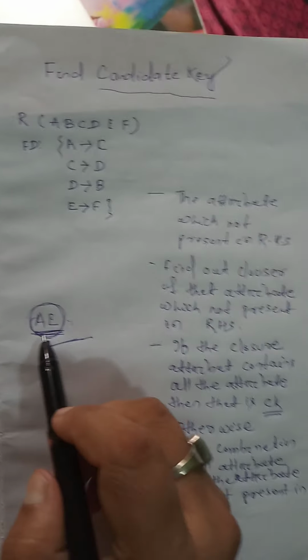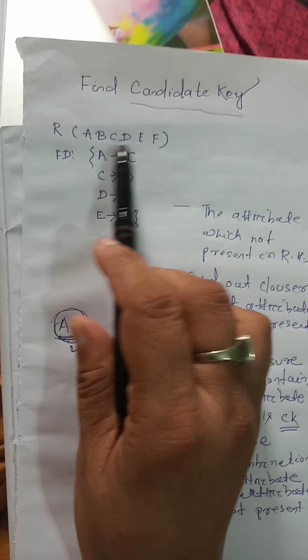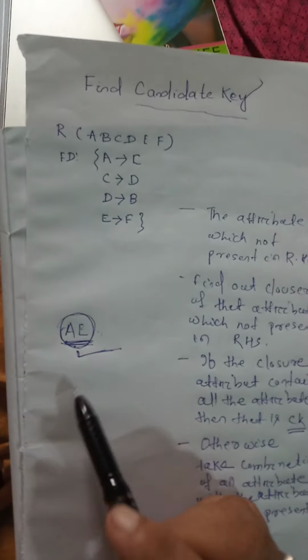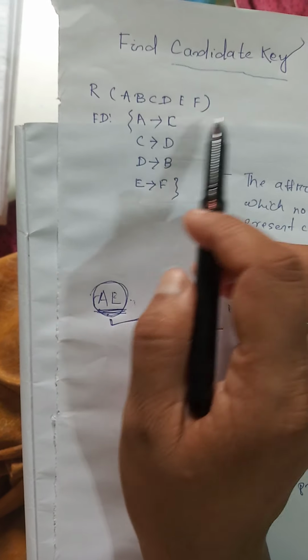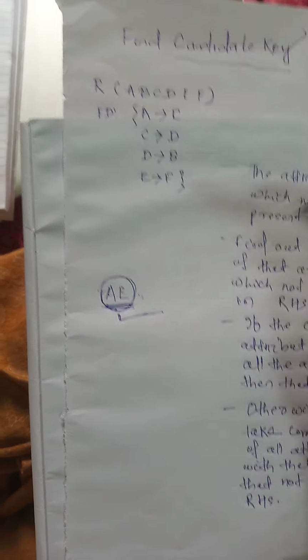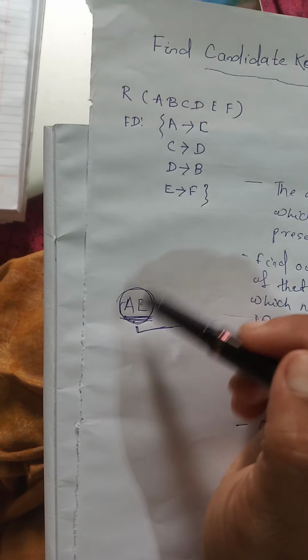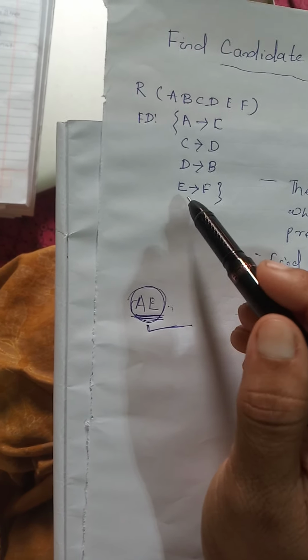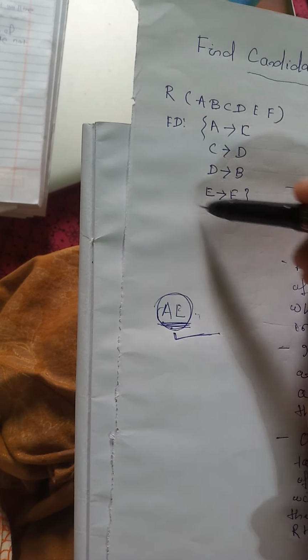If A determines all the attributes present in the relation, then that is your candidate key. Suppose A determines A, B, C, D, E and A, B is left. In this case we have to take the combinations, that means CAE, DAE. We have to take all the combinations with the left side attributes.